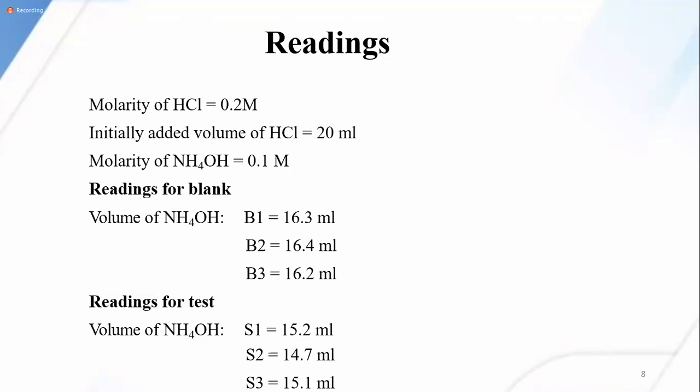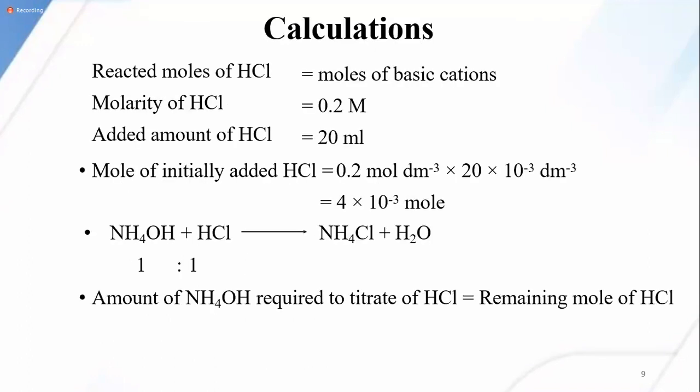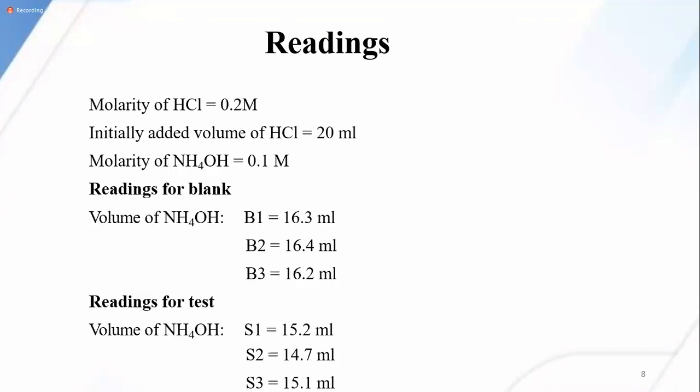You have to be careful when you are doing the calculation. If we give 4 or 5 readings, you have to get the average of those readings and use that average volume. We take so many readings to reduce the error. When you are doing the titration, you will make some error, no?